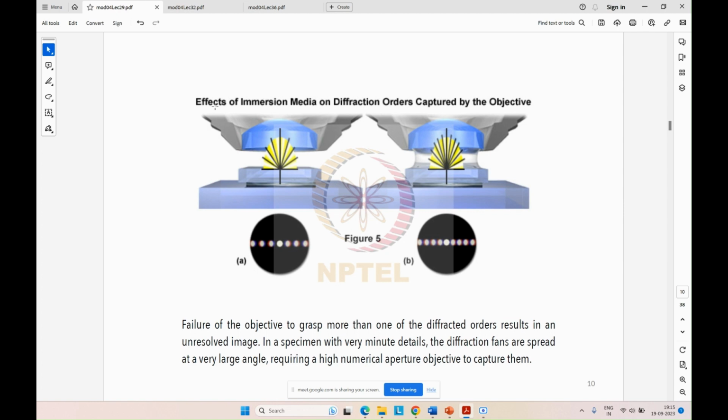Between your objective and your sample, there will be a thin layer of, say, oil or water. So these immersion objectives come as either water immersion or oil immersion, and this helps you get a better image of your sample.